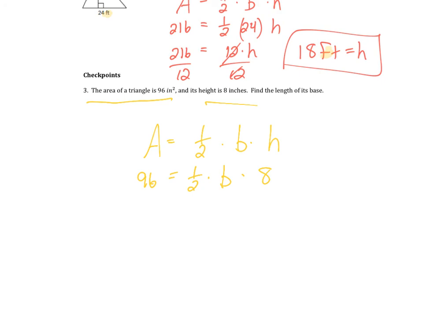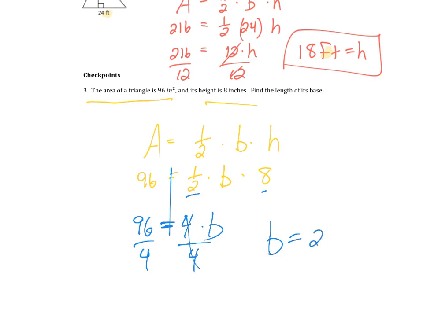I think the quickest, easiest way would be on the right side. What is 1/2 times 8? And 1/2 times 8 is 4. So you would get 96 equals 4 times b. Divide by 4 to get b equals, and 96 divided by 4 is 24. So the base would be 24 inches.